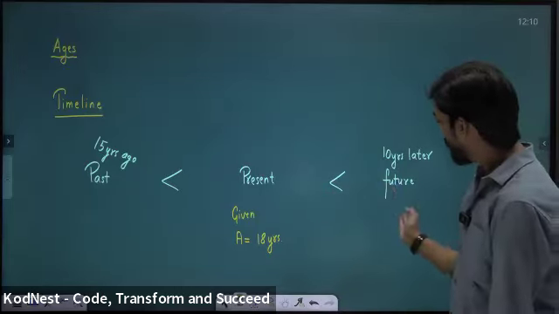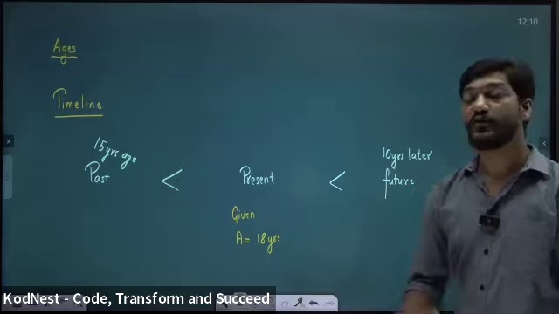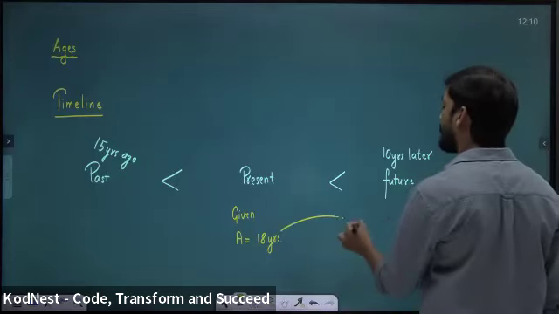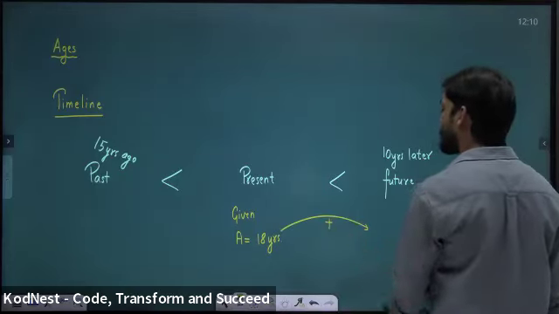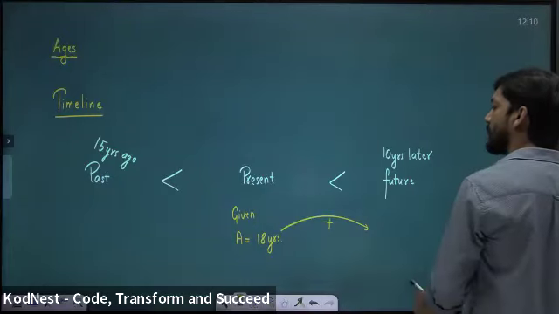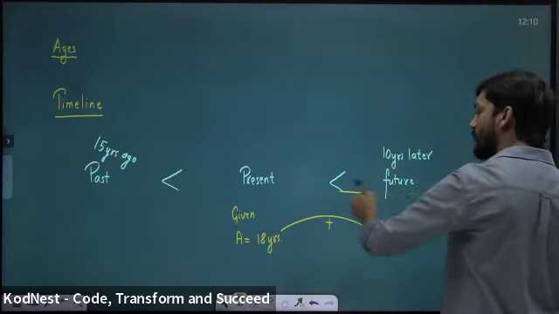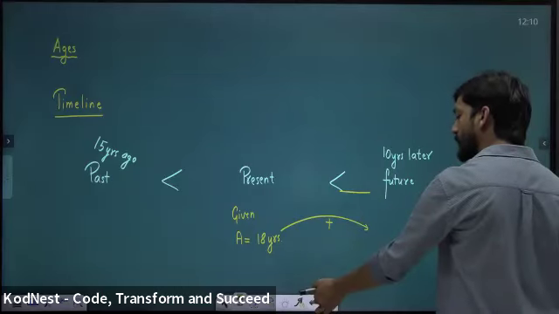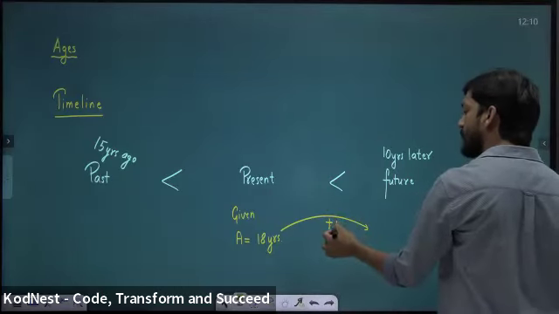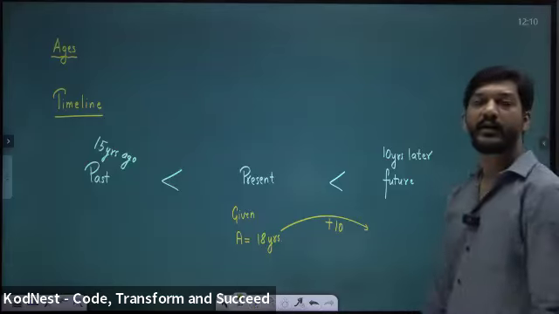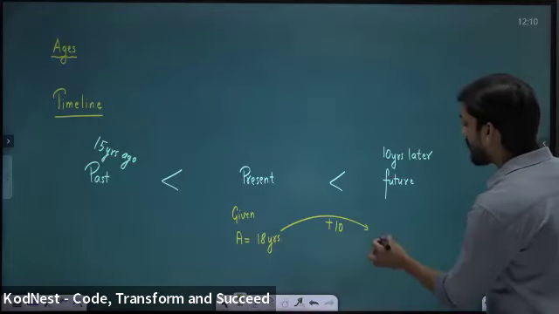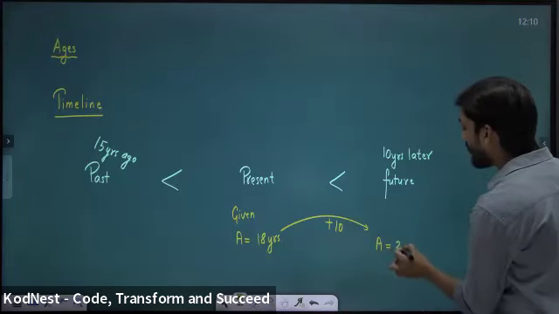Because future is more, present is less. So future is always plus. Okay. If you want to go into future, do plus. But plus how much? It is 10 years. How many years gap between these two? You will say, sir, 10 years. So here you will say, sir, the age will be 28 years.